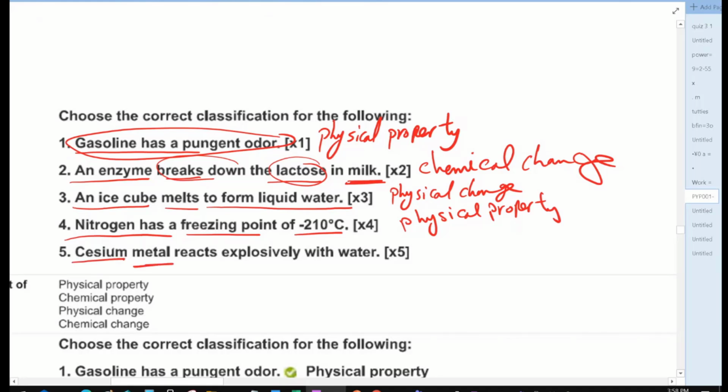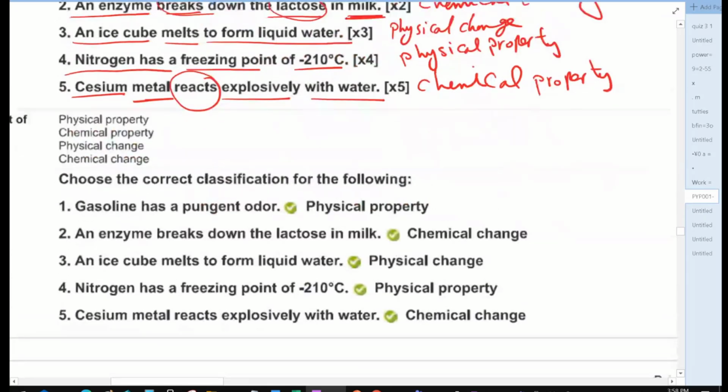Cesium is a metal. Cesium metal reacts explosively with water. Chemical change. I think here it should be chemical property. Should be chemical property here.